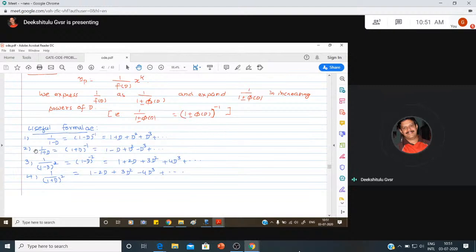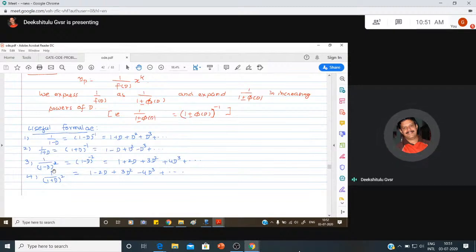This formula we require. 1 by 1 plus d is 1 plus d whole inverse. This is 1 minus d plus d square minus d cube, and so on. The only change between 1 by 1 minus d and 1 by 1 plus d is that alternately we get positive and negative signs. If you remember this, you can easily get this.